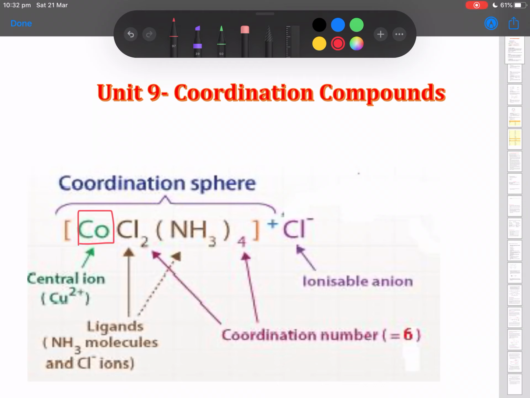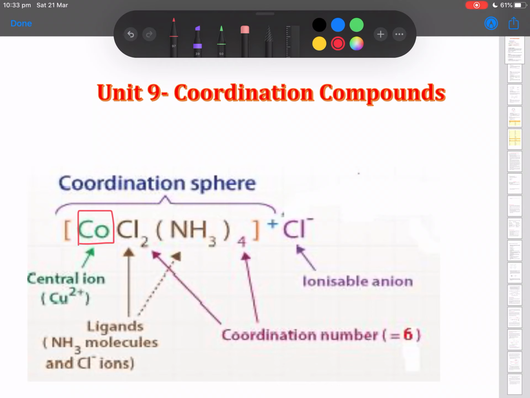So, we are going to begin with Unit 9, that's coordination compounds. And this chapter is, we're in coordination with D and F block elements. In the previous chapter, we already learned that transition elements are all such elements which have unpaired electrons in their d orbital.